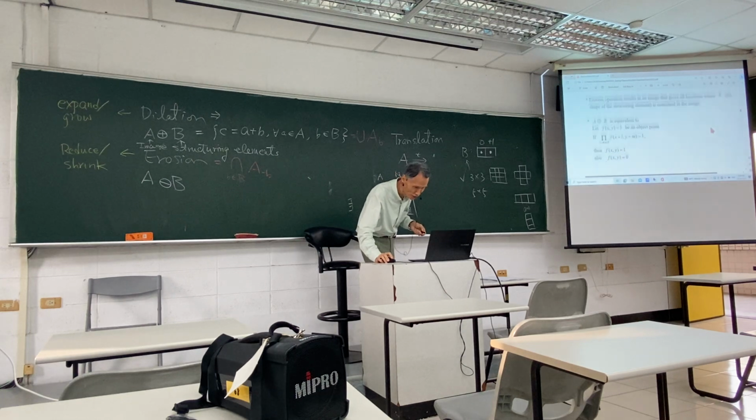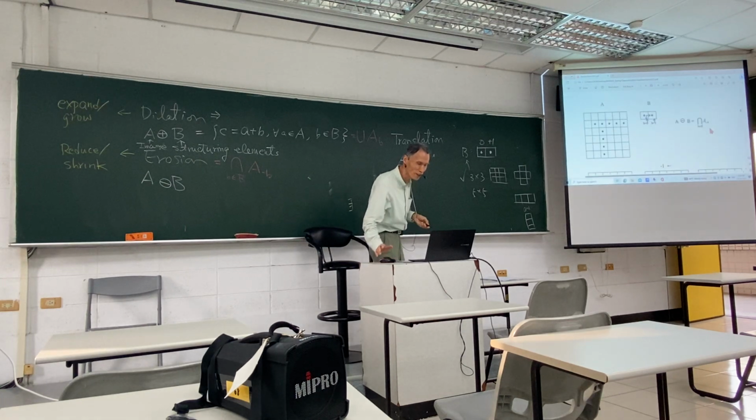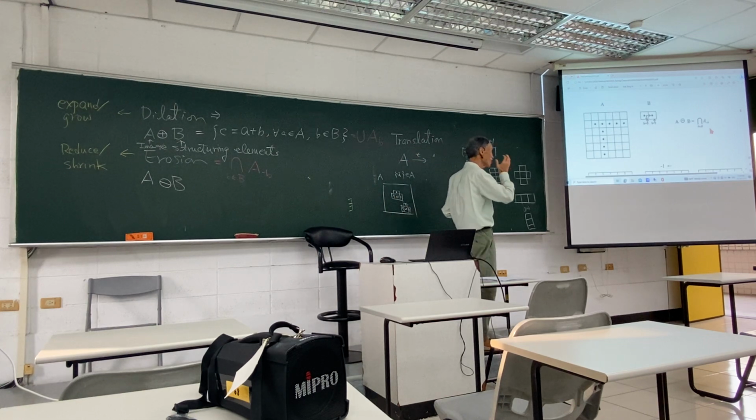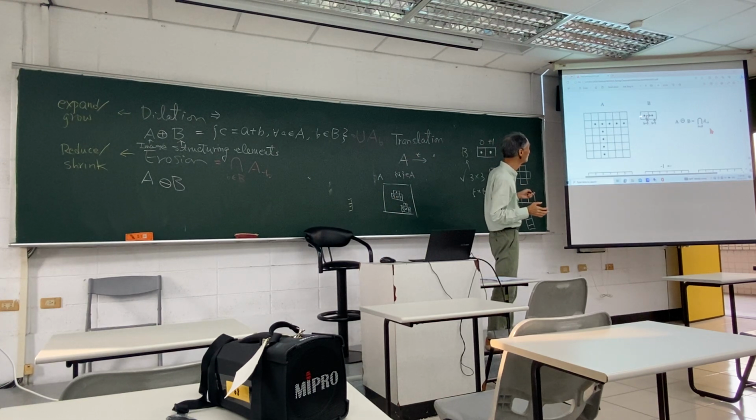Okay, now let me give you the example and I'll go back and show you how to do it in programming code. This is B, okay? This is the origin, this original image. Now we put this point right here.